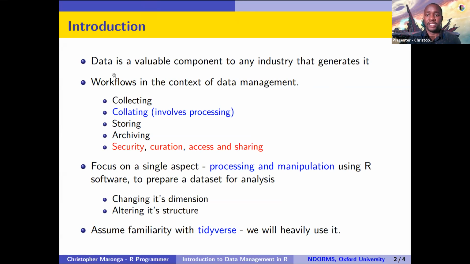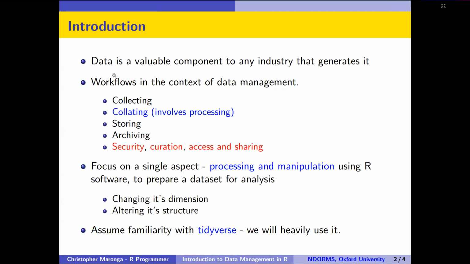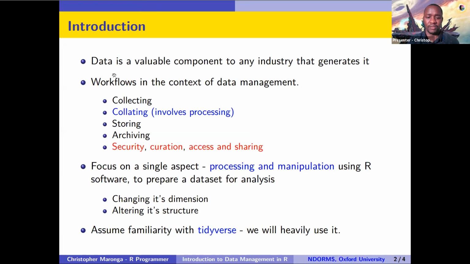In the context of data management, there are various steps. Depending on what industry you come from, you can talk about data management from different points of view. If it's research, we say data management starts from creating the data collection tools, creating the databases, and validating the warehouses where you're storing your data.